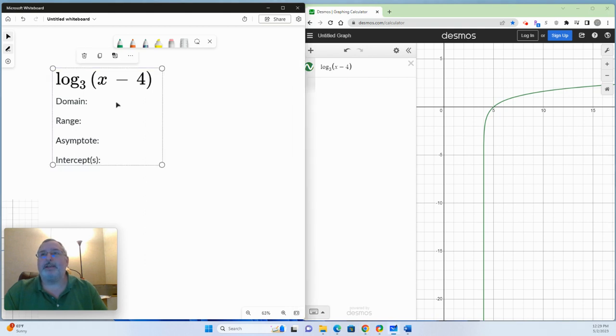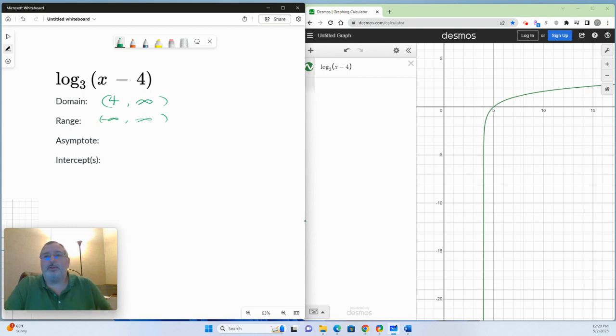So my domain will be 4 to infinity. Okay, range. Again, just like the last one, it continuously goes in the negative direction, continuously goes in the positive direction. So my range will be all reals, negative infinity to infinity.